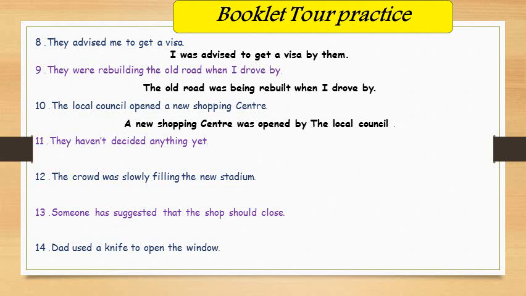They haven't decided anything yet. So nothing. I can't start a sentence with any. So we can change it into some or no. I must change it into something or nothing according to the meaning.